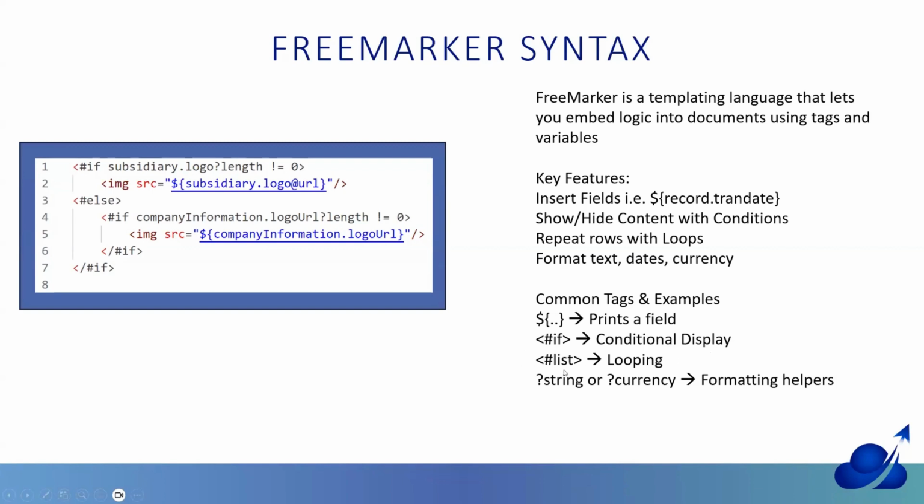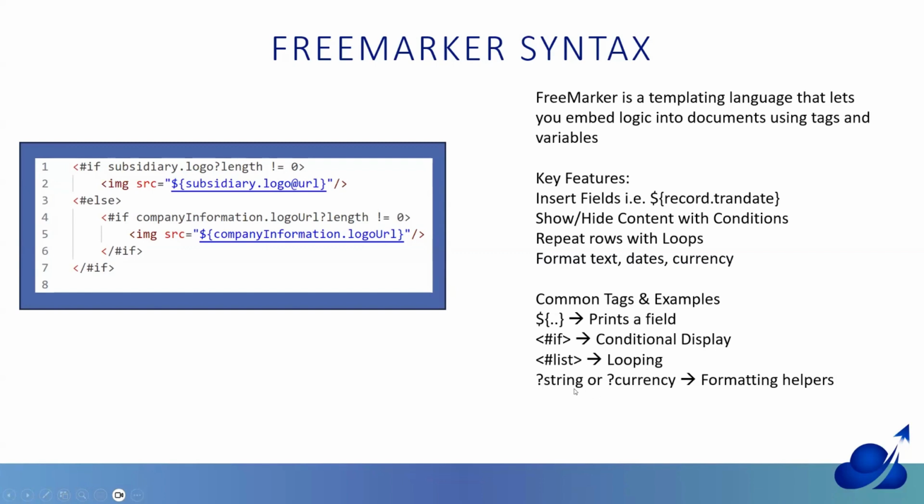You'll see these lists, again, just making them noticeable here because they are pretty much built into every template that has a sublist, like invoices. And then we have these formatting helpers, or you might know them as functions, but they all start with this question mark and then have some sort of reference or name or function at the end of them.